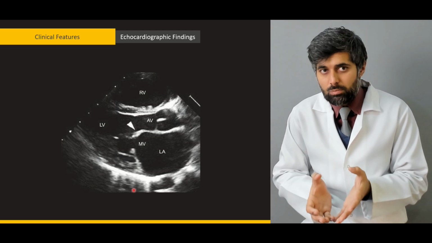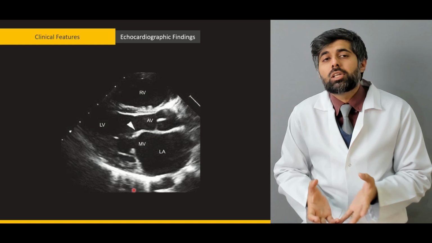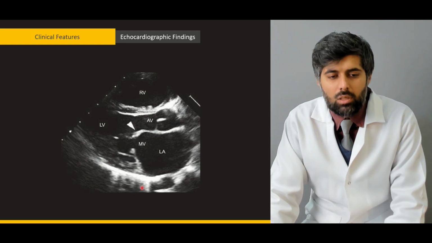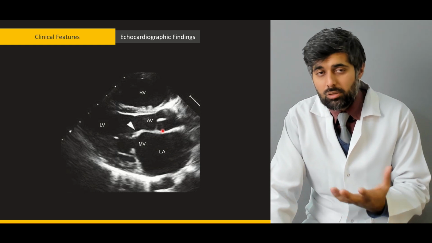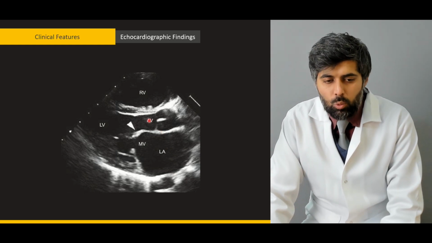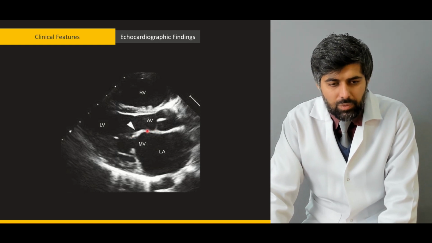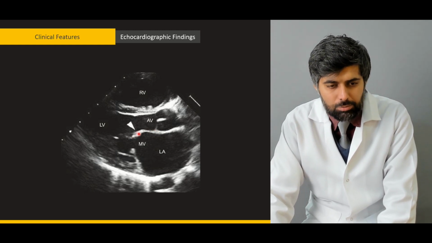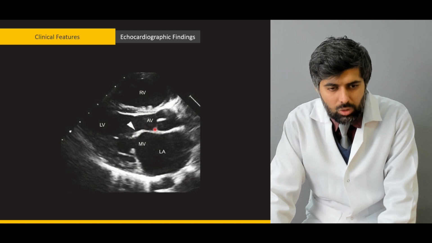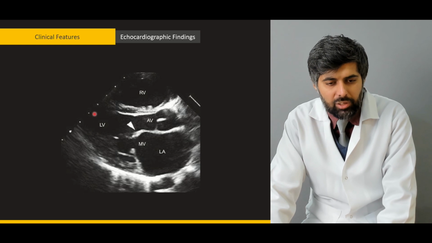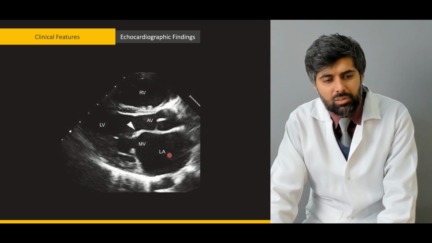If we perform a transthoracic echocardiogram of the heart in a rheumatic heart disease patient, we'll see that this is the mitral valve, and because it's a bicuspid valve, it has two leaflets. This is the left ventricle and this is the left atrium.